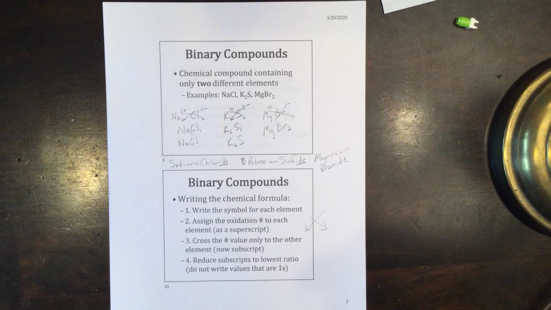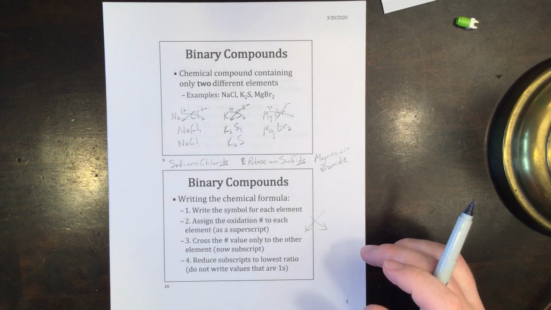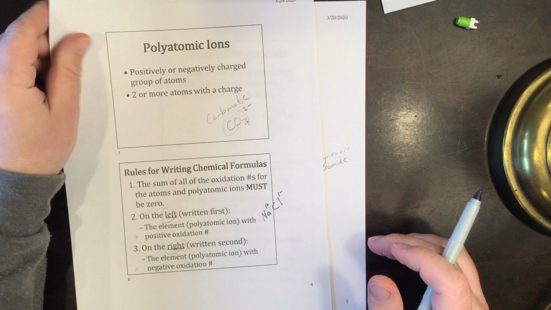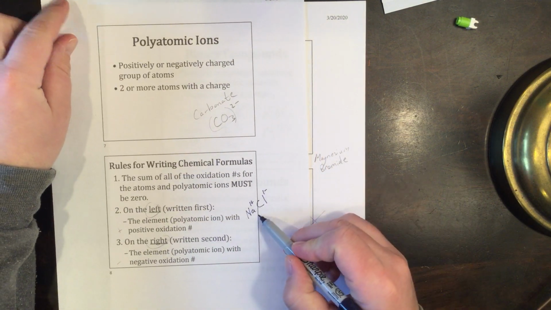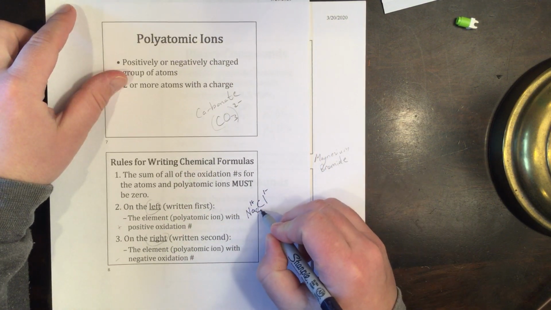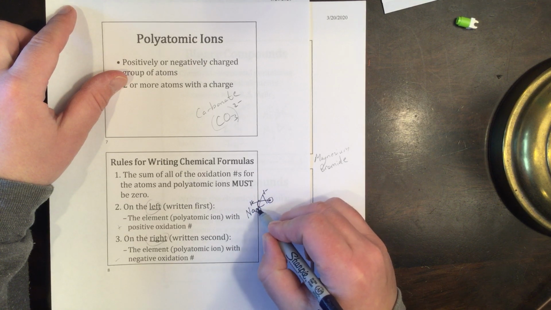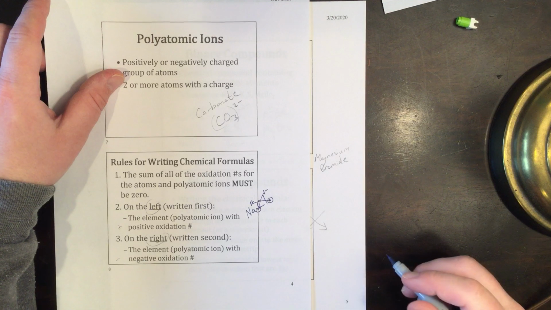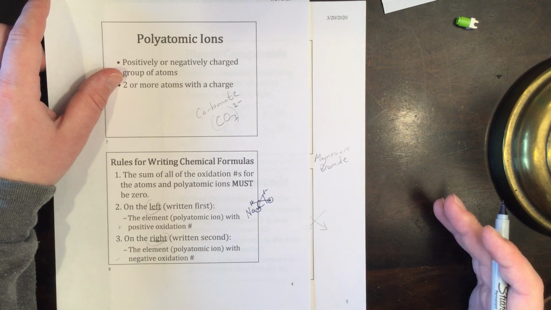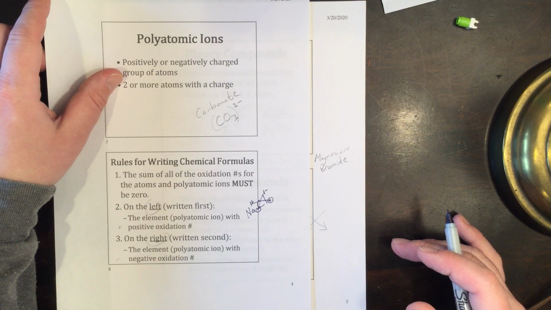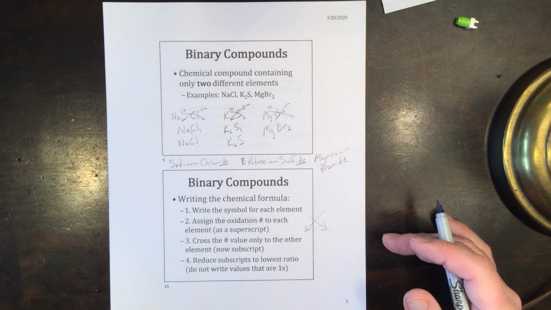Okay, binary compounds. We do this crisscross method. So I already wrote, let's go back here real quick, I already wrote sodium chloride here. Now the way we figure out what goes here and here is by crisscrossing. What we're trying to do is get a neutral compound, meaning all the negatives and positives add up to equal 0. Okay. And that's what I'm going to show here.